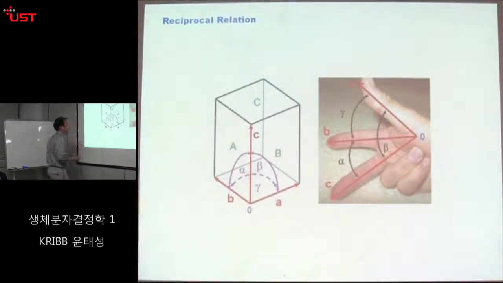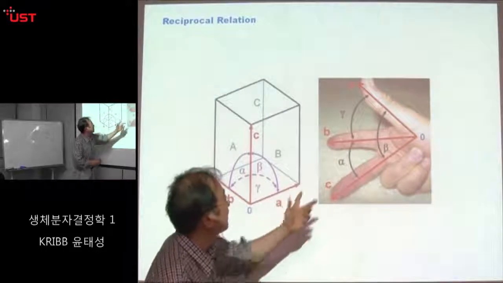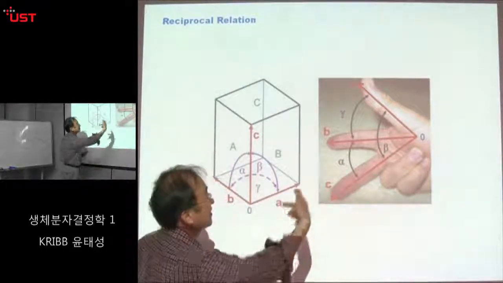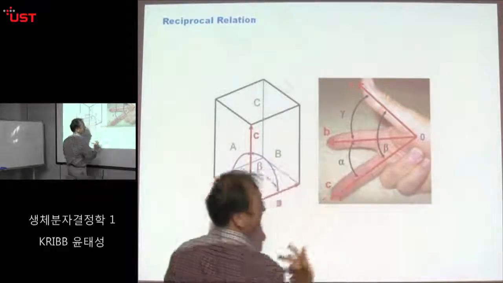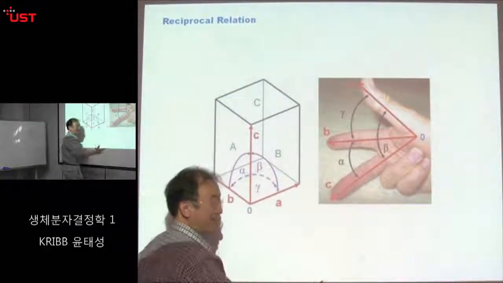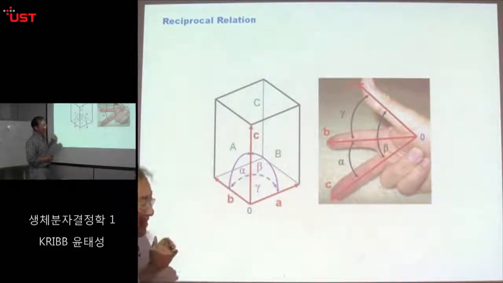But those are drawn in general case to explain the concept of reciprocal axis, even with hands like this. We cannot be in perfect 90 degrees. Even our fingers are not the same length. So they are in general case.